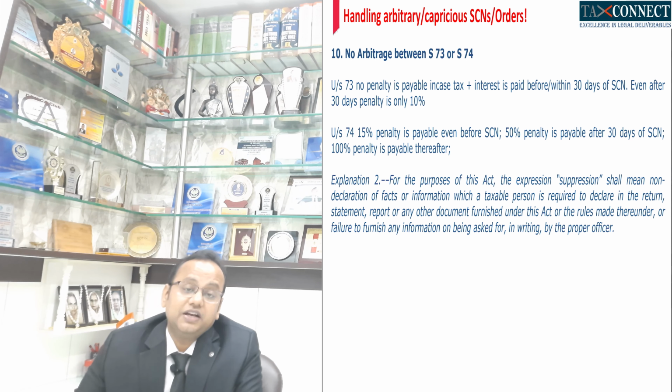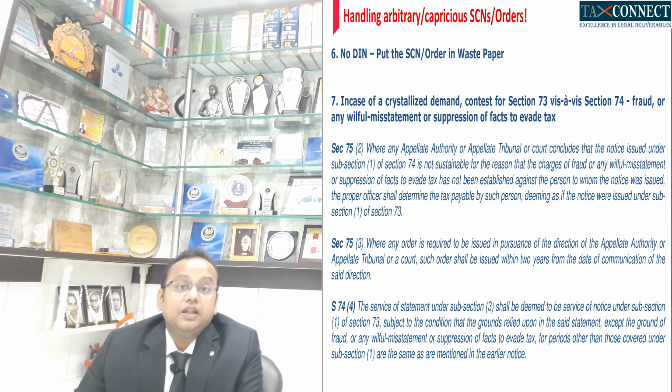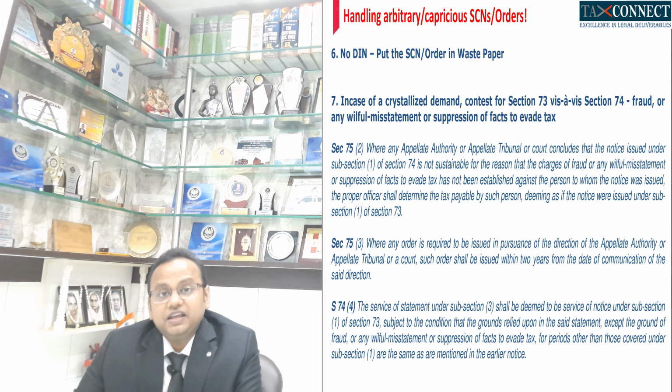Important to note is that the time barring period under 73 is around 3 years and under 74 is around 5 years. Therefore, even in case a demand is crystallized and if it is under section 73, then the demand would be only for a period of 3 past years and not 5.